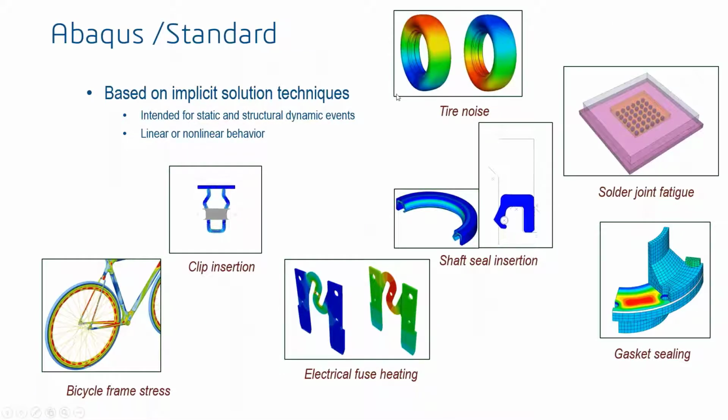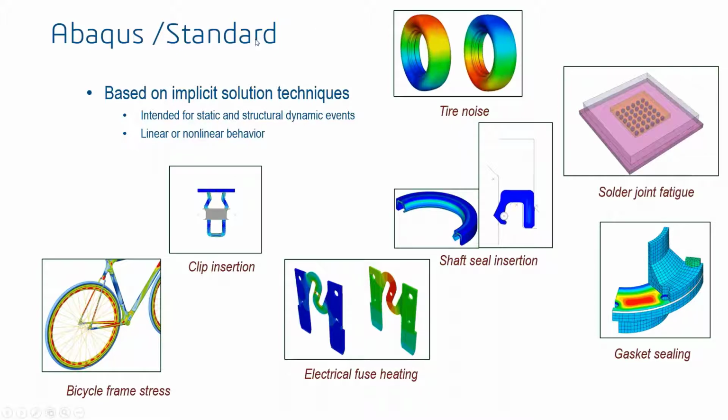More specifically, the two solvers we have: Abaqus Standard is based on what is known as an implicit solution technique, which offers, of course, static simulation capabilities, but also dynamic capabilities. These simulations can be done under linear or nonlinear assumptions based on the requirements in the current scenario.